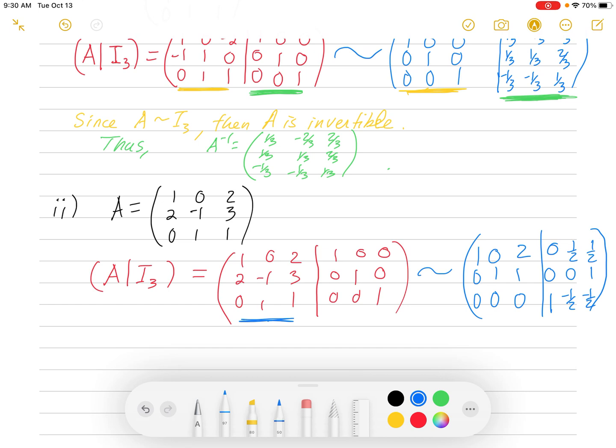So notice here that A, that's A right there, I'm underlining it in yellow right now, that reduced to something. That something here I'm underlining in yellow, that's the RREF of A, the reduced row echelon form of A, but it's not the identity.